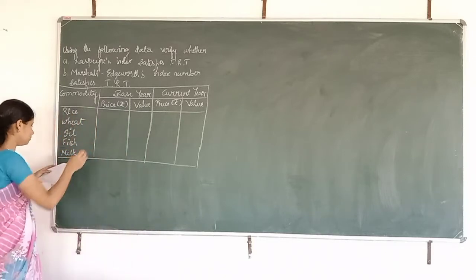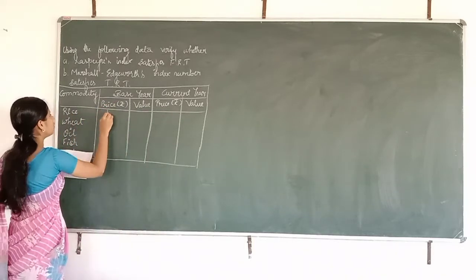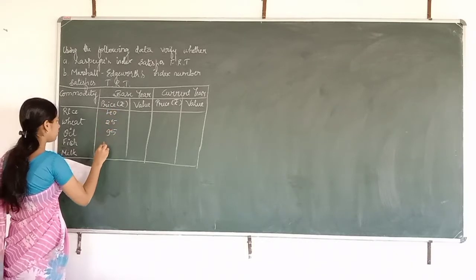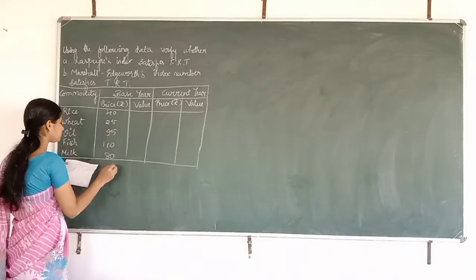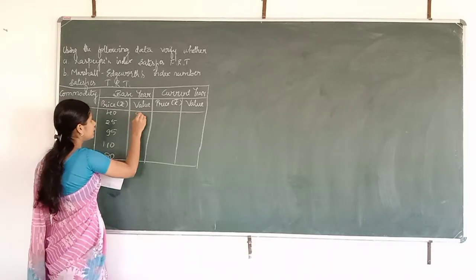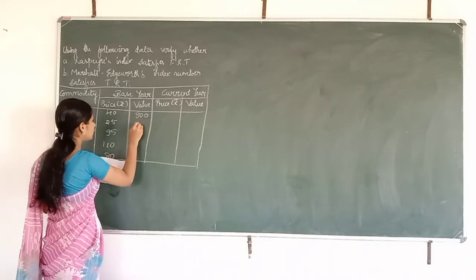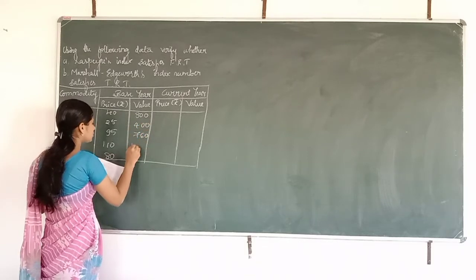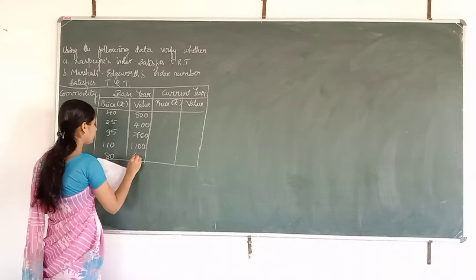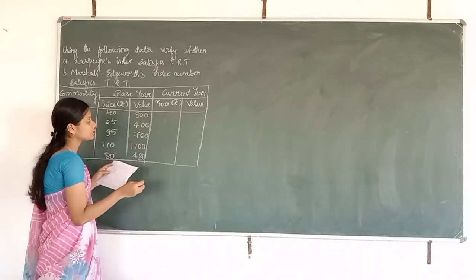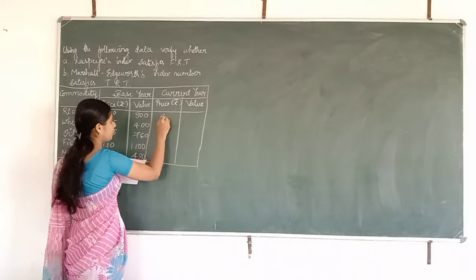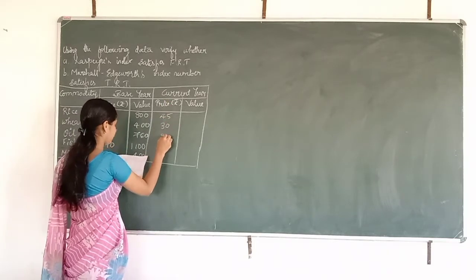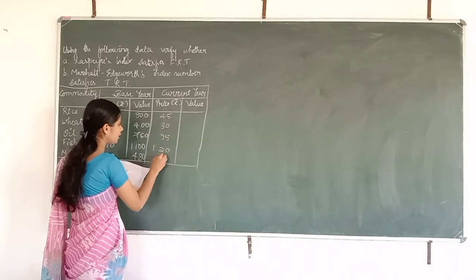And prices of base year are 40, 25, 95, 110, 80. The values are 800, 400, 760, 1100 and 480. Next, prices of current year are 45, 30, 95, 120 and 90.